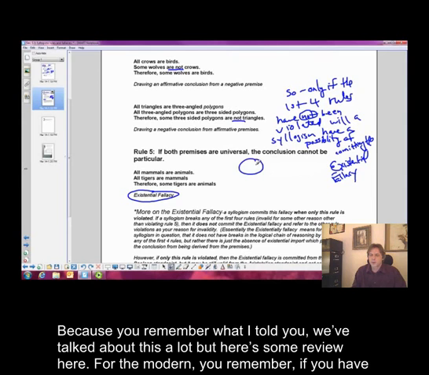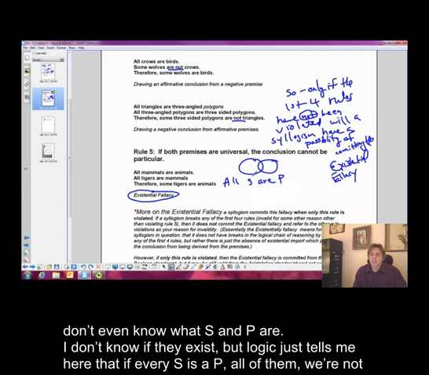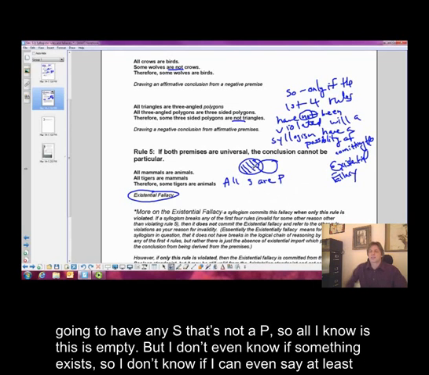For the modern, you remember, if you have a universal such as, all S are P, if you're a Martian and all you know is every single S is going to overlap with P, you could be a Martian and go, I don't even know what S and P are, I don't know if they exist, but logic just tells me here that if every S is a P, all of them, we're not going to have any S that's not a P. So all I know is this is empty.